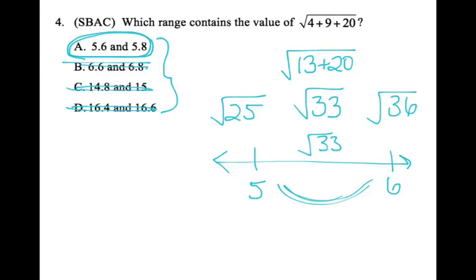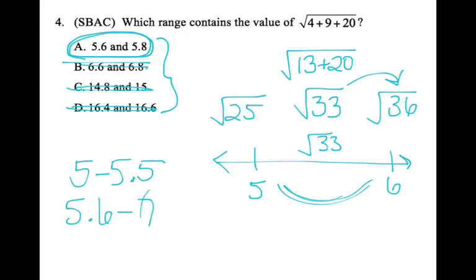Now, if you're down to two choices that could be an answer, then what you're going to do is see which number the square root of 33 is closer to. Let's say you had 5 to 5.5 and 5.6 to 6. Okay, let's say they gave you two ranges that could be possible answers.